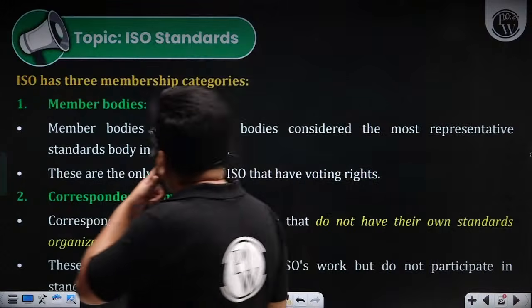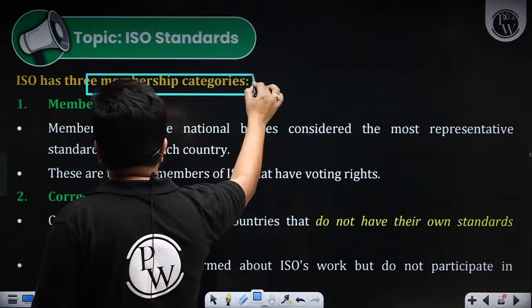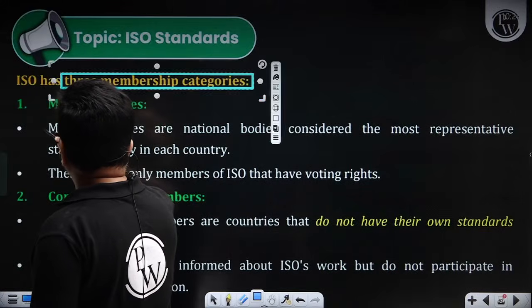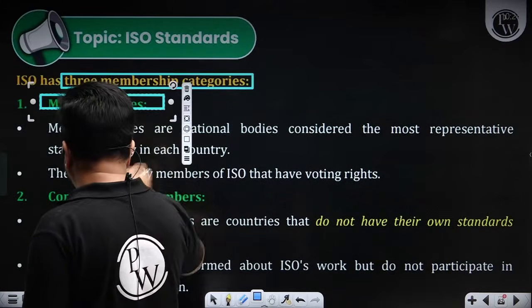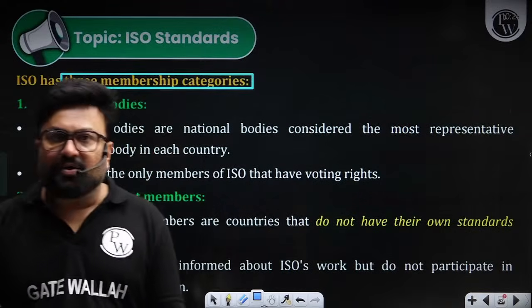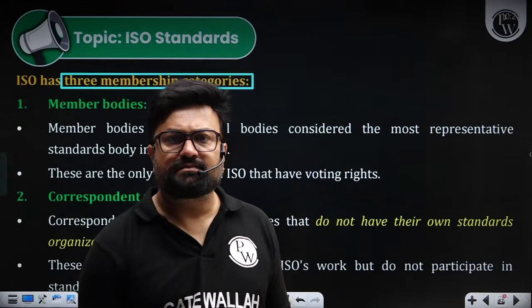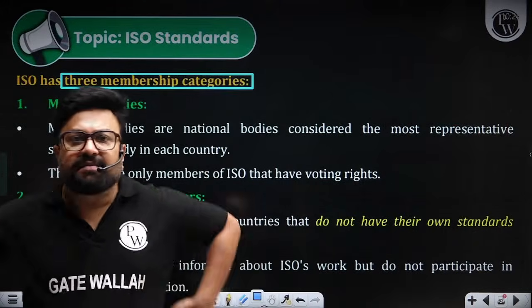Now, ISO has three membership categories. First is member body. What are member bodies?